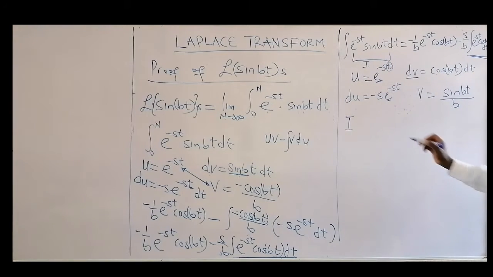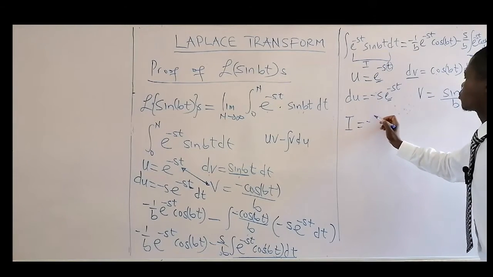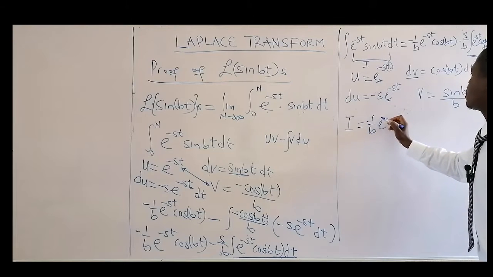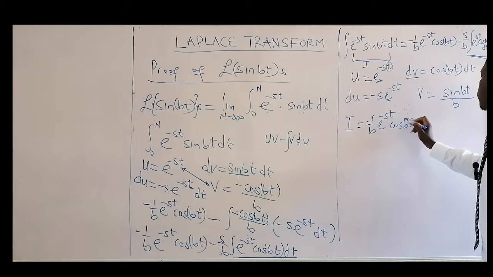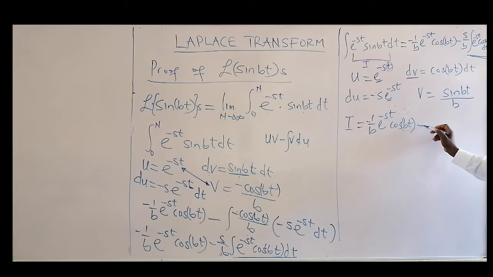I is equal to minus 1 over b e to the minus st cos bt, minus s over b. Open the bracket now. My uv is 1 over b e to the minus st sine bt. That's my uv.